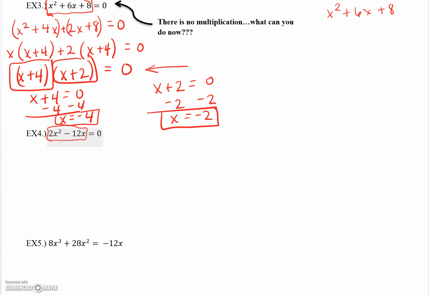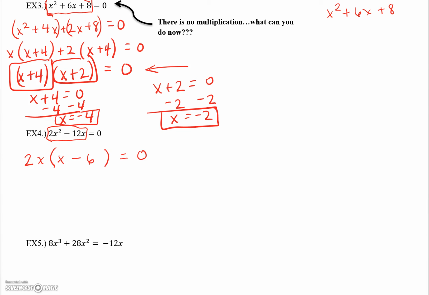The next thing we need to do is look: is there a greatest common factor? Let's look at the coefficients, 2 and 12. They're both divisible by 2, and they're also both divisible by an x. If I take out 2x out of both terms, or divide them both by 2x, I'm left with x minus 6, and that equals 0.